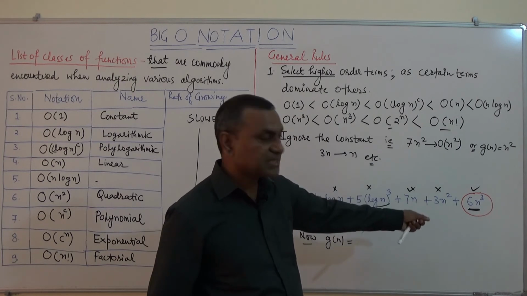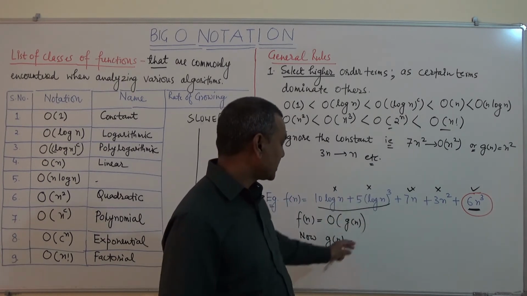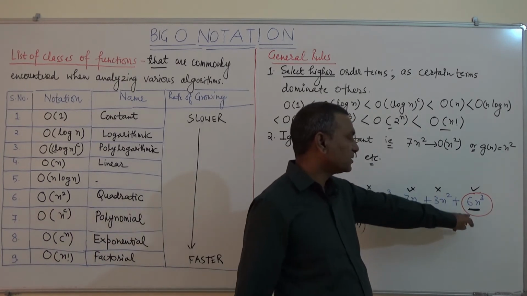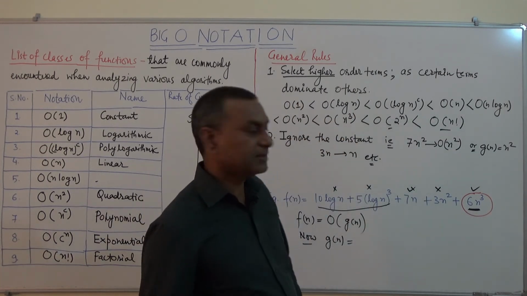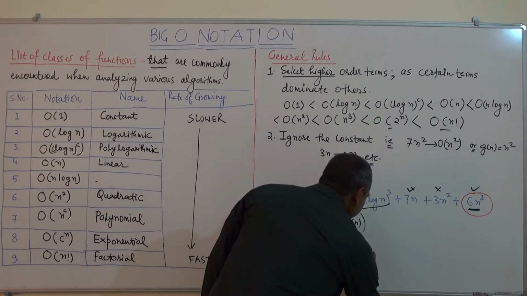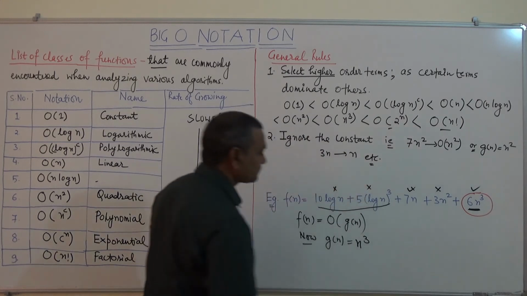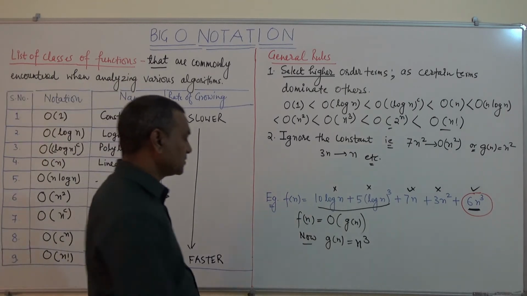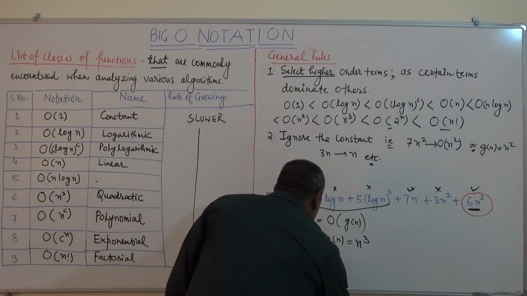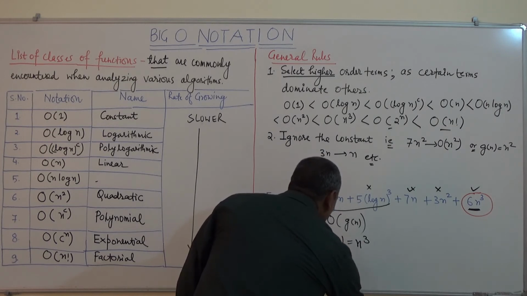After this we will apply the second rule. The second rule says ignore the constant term. So the constant is 6, and we will leave the constant. So it comes out to be n cube. So Gn will be n cube. So we can say this fn is equals to big O of n cube.